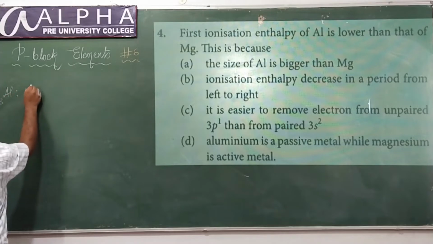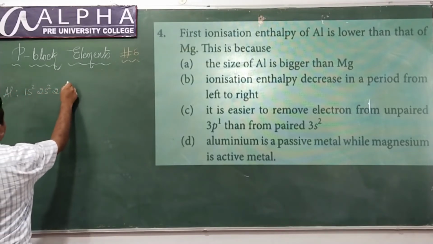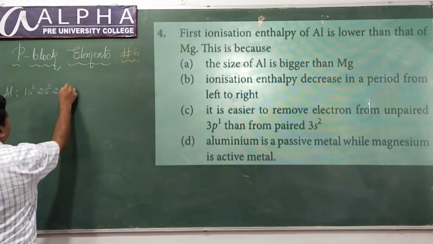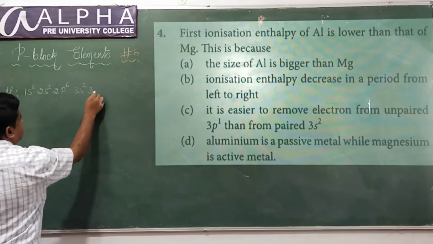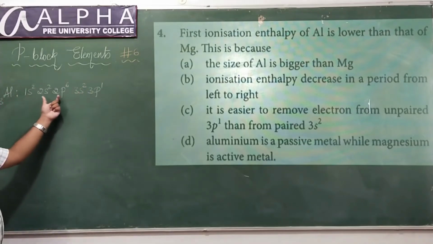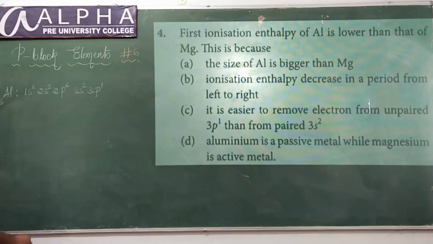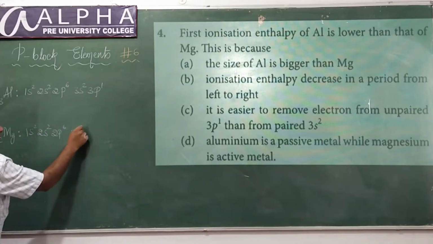What is its electronic configuration? 1s2, 2s2, 2p6, and then 3s2, 3p1, correct? Now magnesium, atomic number 12, what's its electronic configuration? 1s2, 2s2, 2p6, 3s2, isn't it?